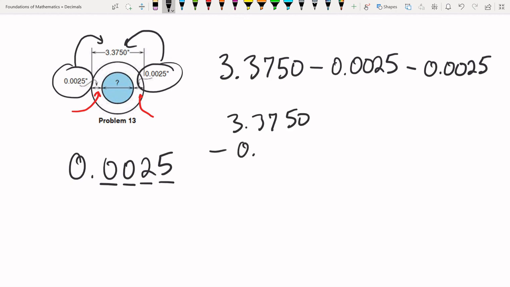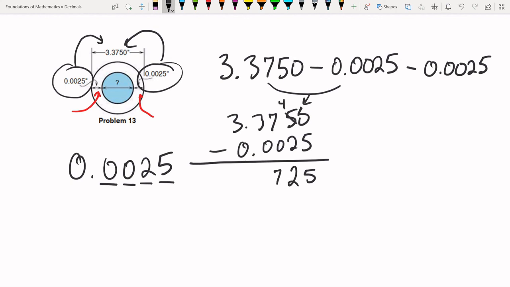So this is the first. This is just going to be this portion here. 5. Do the subtraction. That's going to be 4. 10 minus 5 is 5. 4 minus 2 is 2, and we get 3.373. Then we subtract again.